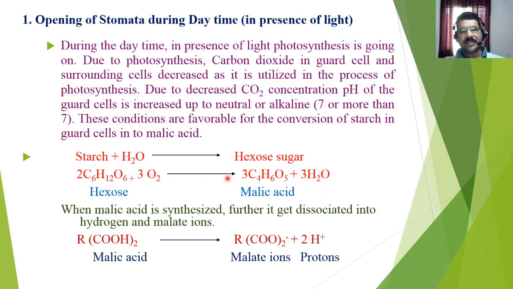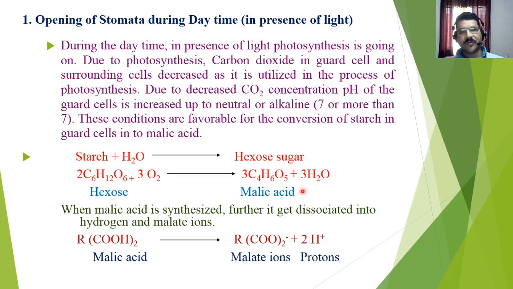So this is malic acid, C4H6O5. This is the formula of malic acid. So these three molecules of malic acid have been formed from the starch here. So this is the first reaction, how starch is converted into malic acid in presence of increased pH or reduced CO2 concentration.